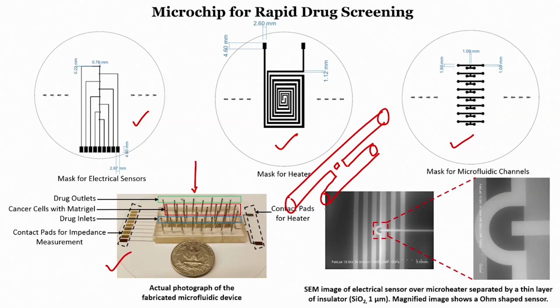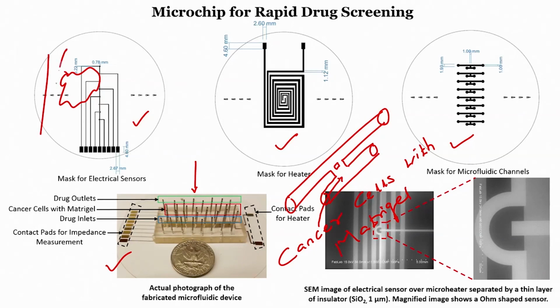Now, we will load cancer cells with matrigel, right. If you remember what we have discussed, a tumor is surrounded by extracellular matrix, ECM, that provides nutrition and required things for the tumor to sustain and in fact grow.